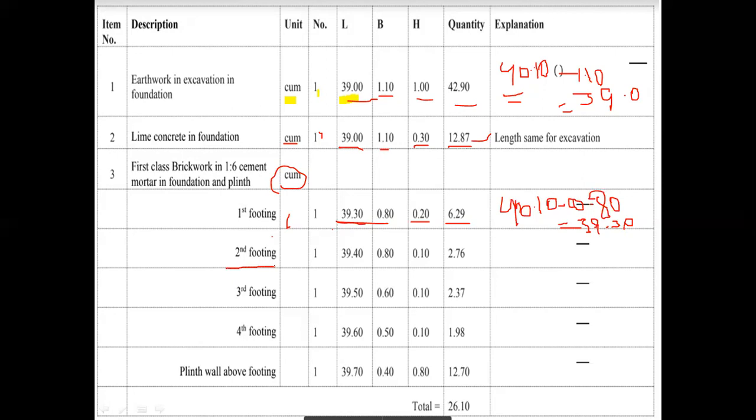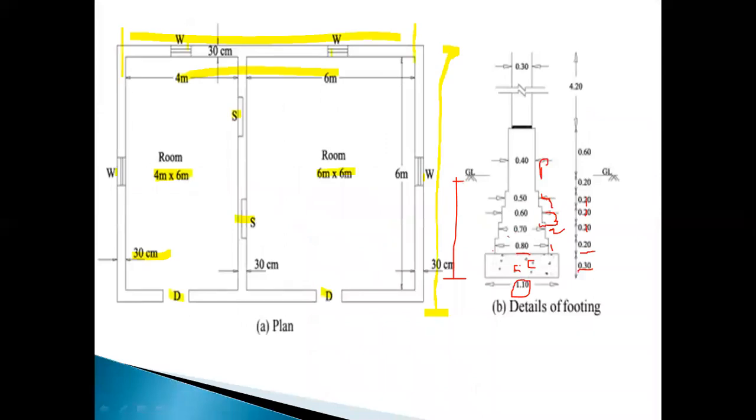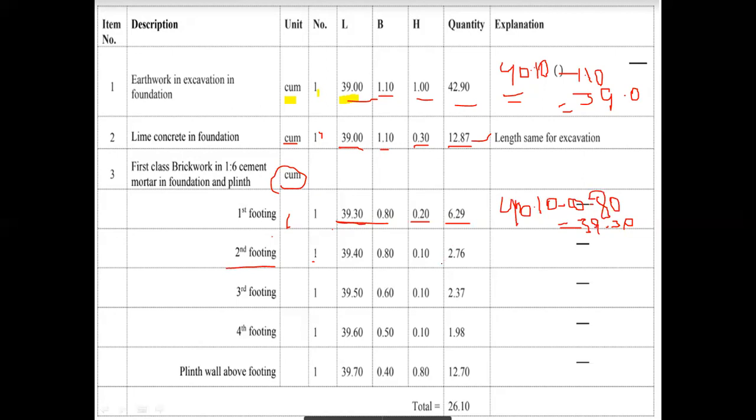Next, second footing, number 1, and length is 39.40. It comes from 40.10 minus 0.70, that equals 39.40.